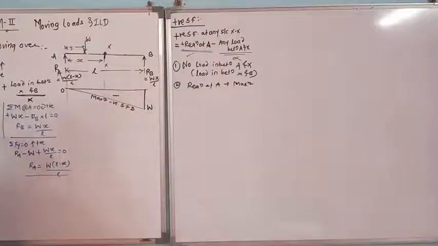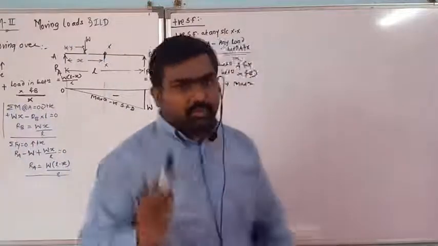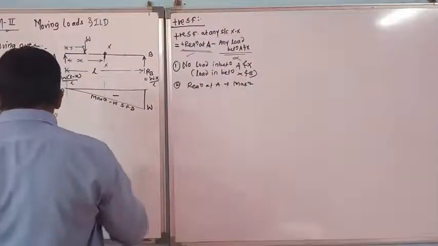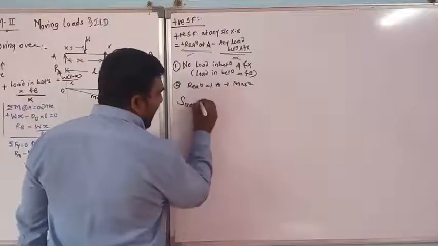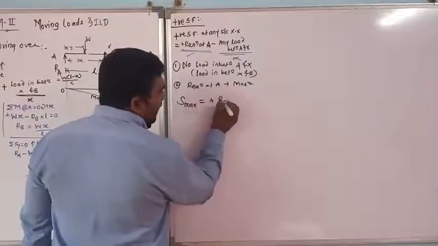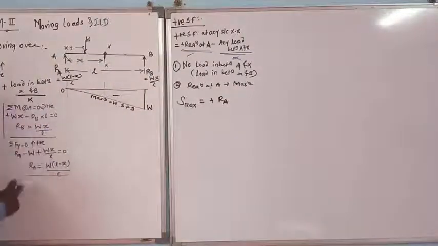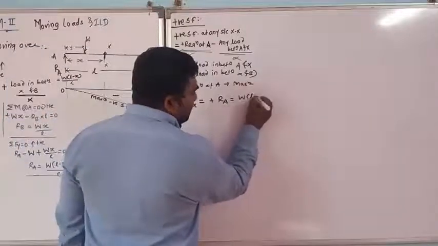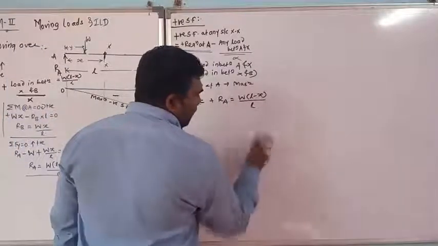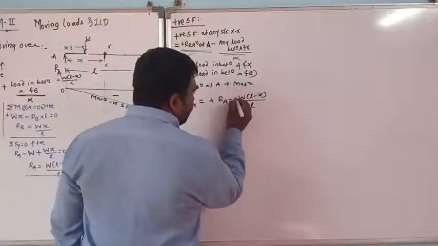Similarly, just as we did for the negative shear force, here I am performing this calculation for the positive shear force. I will write this S max as plus RA, and RA we have calculated with the equilibrium equation, that is W into (L minus x) divided by L. So this is your RA, and it is positive.